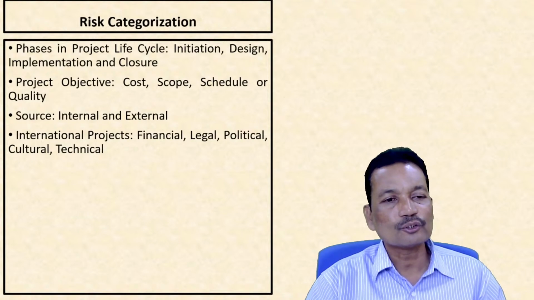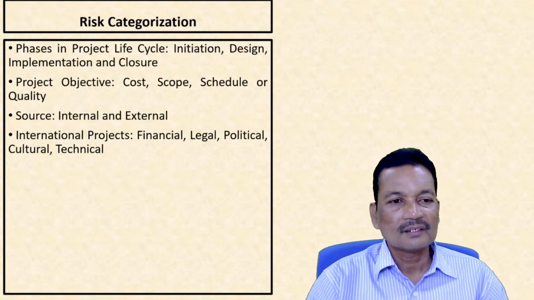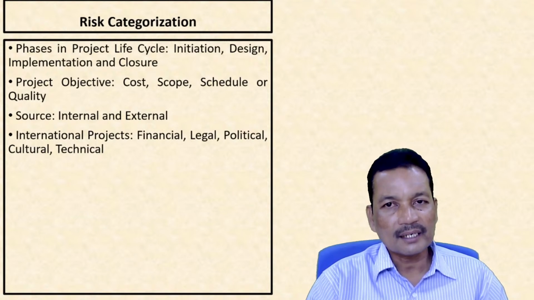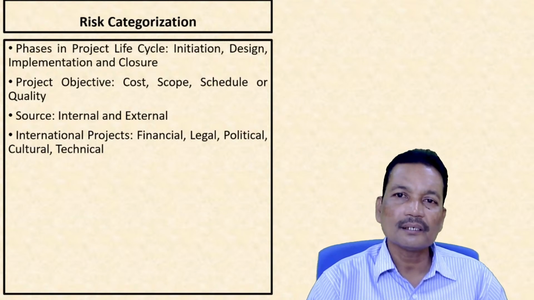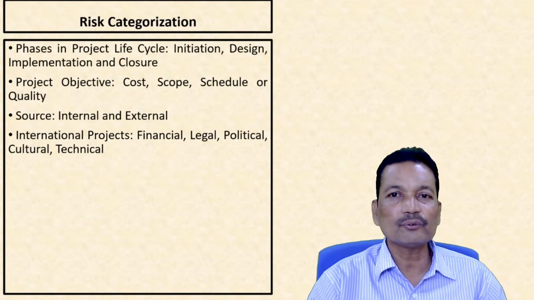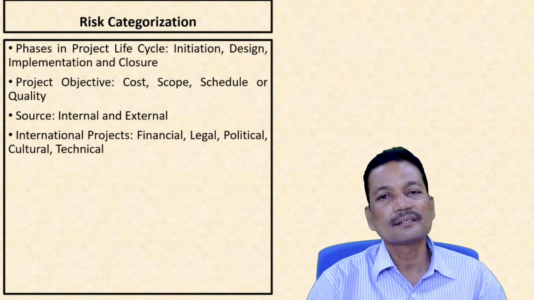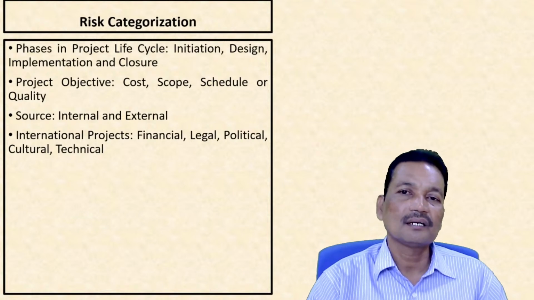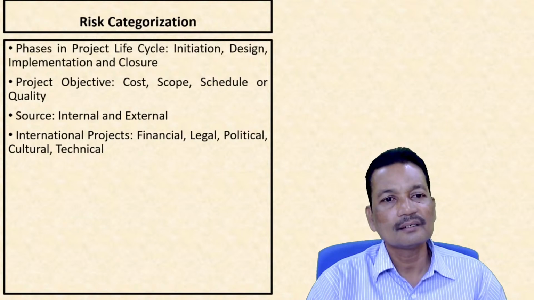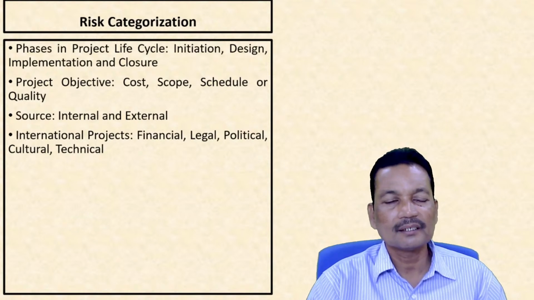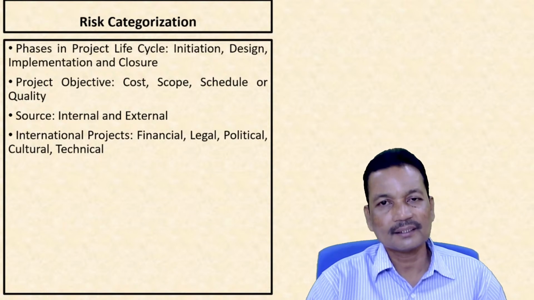Now risk can also be internal and external. When we talk of internal risk, any risk that is going to occur due to the activities, the team members, the project organization or the internal management is called internal risk.